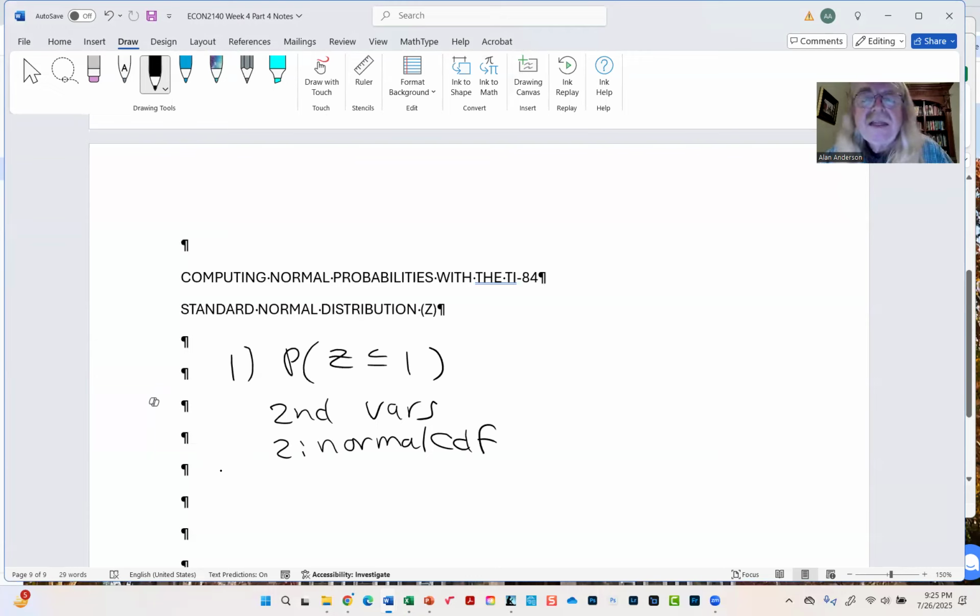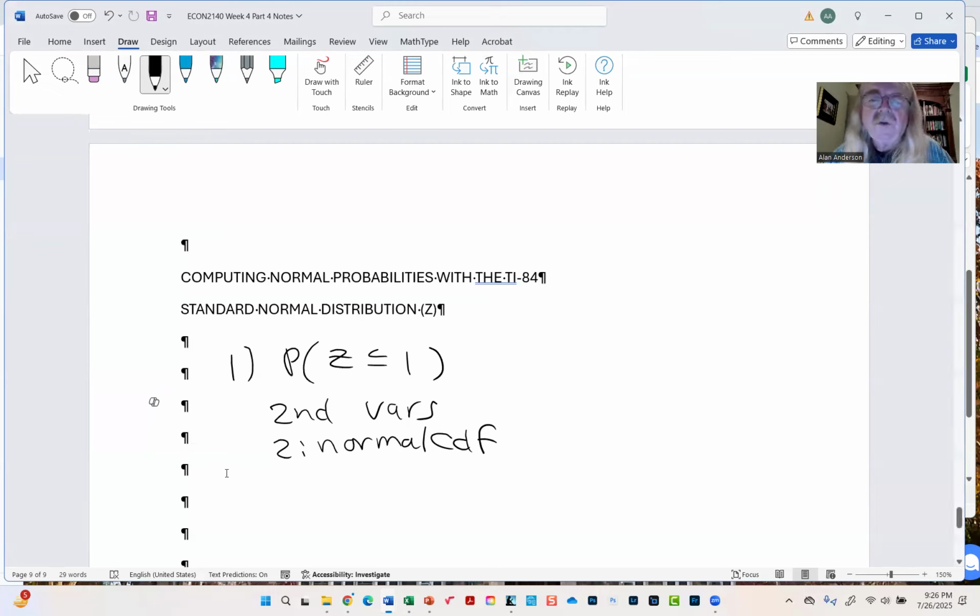Now, keep in mind, that's because all these probabilities with the normal distribution are always less than or equal to. And C stands for cumulative. So C means less than or equal to. So with Poisson and binomial, you're using PDF for individual probabilities. Here, we don't use individual probabilities. So instead, we use CDF because it is cumulative.